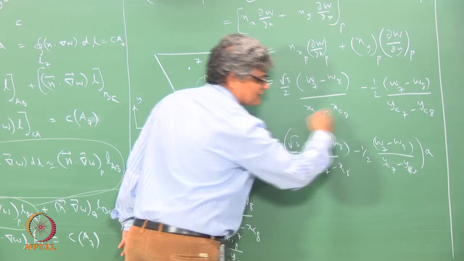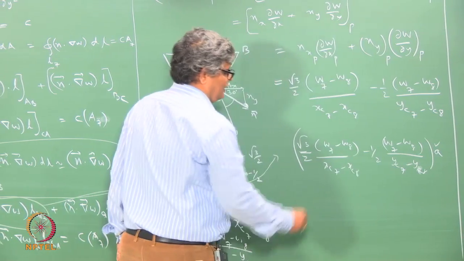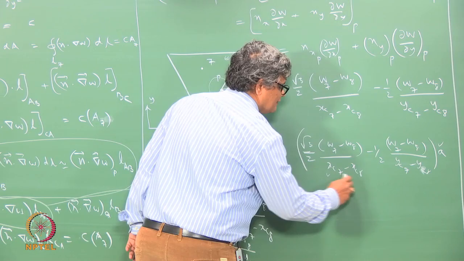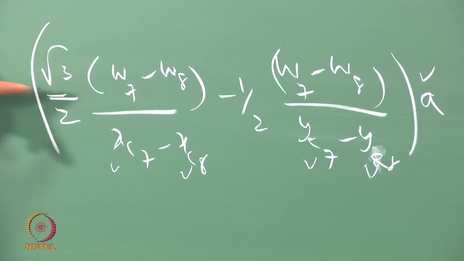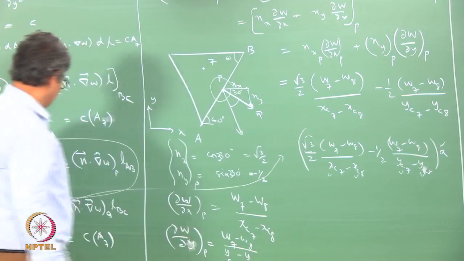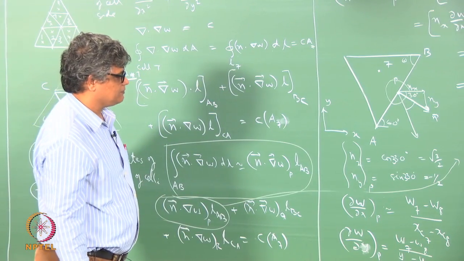So, if you look at this term here, side A is known here, and all these XC's are known and YC's are known here, and the only unknowns are W7 and W8. And so we can also bring in the whole thing, and that will give us an algebraic equation.